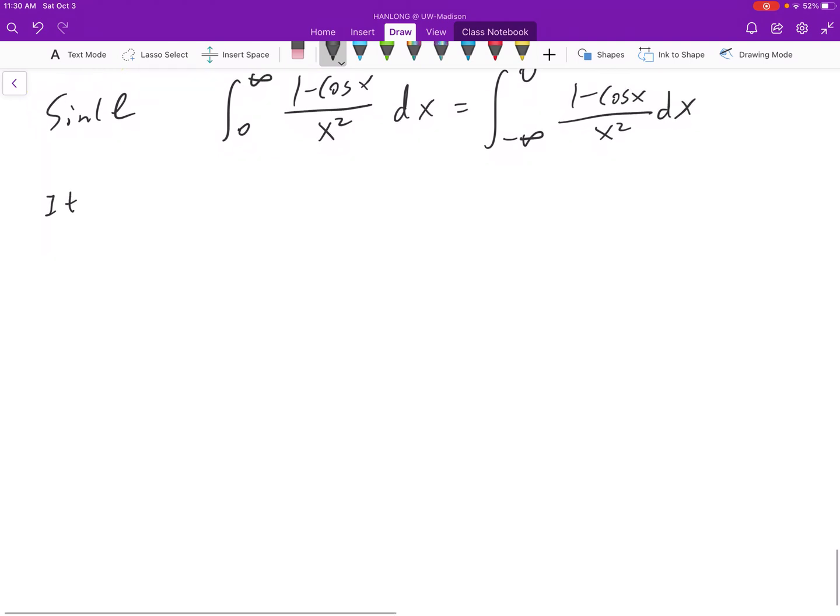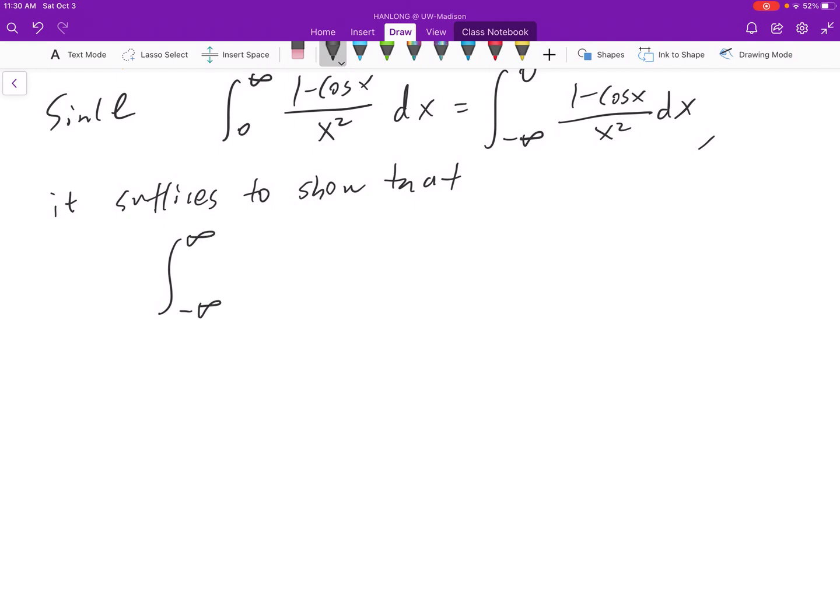Then it suffices to show that the integration from negative infinity to infinity of 1 minus cosine x over x squared dx is pi.